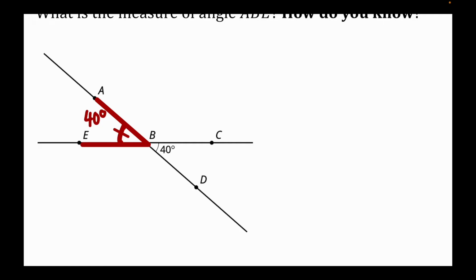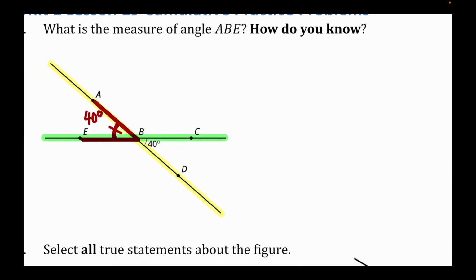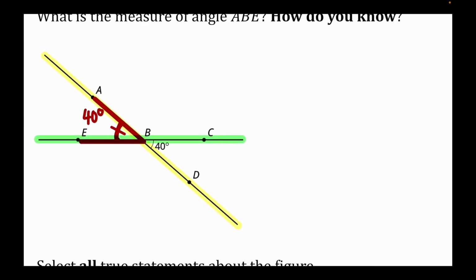First off, I'm going to use green to represent this straight line here, and I'm going to use yellow to represent the other straight line here, just so that you can see which pieces I'm referring to. And I am going to use blue for something else, but you'll see that in a second.